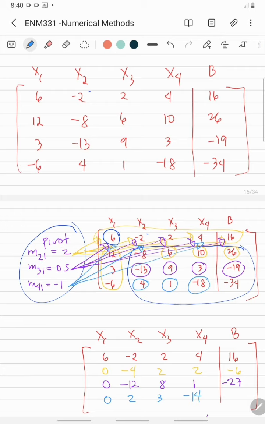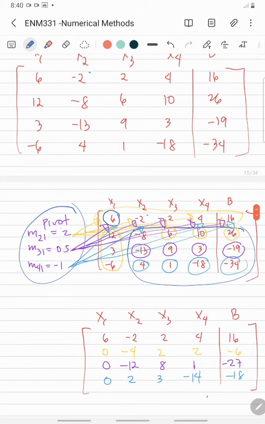Okay, so we have negative 34 minus negative 1 times 16, that is equal to negative 18. So these are our new elements for row 2, row 3, and row 4.